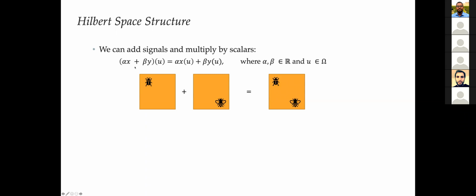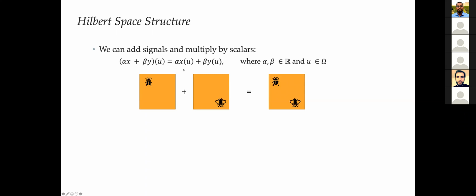So mathematically, this is described by the equation that we have here. We have two signals, x and y, shown here as the two images, these two squares. And we have scalars, alpha and beta, real numbers. And then we can form the signal alpha x plus beta y. We can evaluate it at a point u, that's a point in the plane.